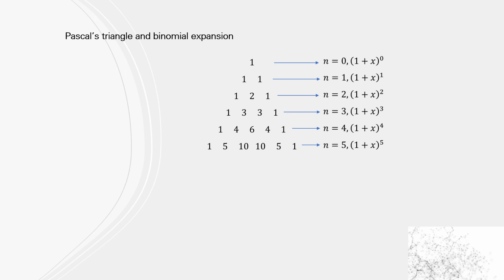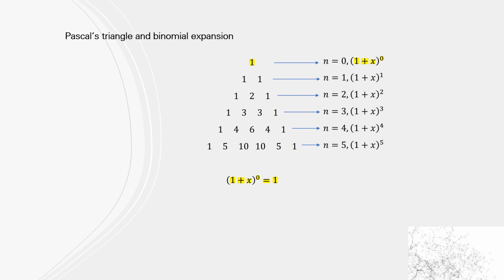That's the expansion of 1 plus x to the 5. And those numbers actually relate to the coefficients for each of the terms. So we're going to have a look at each row and how it operates and how those numbers in Pascal's triangle are associated.